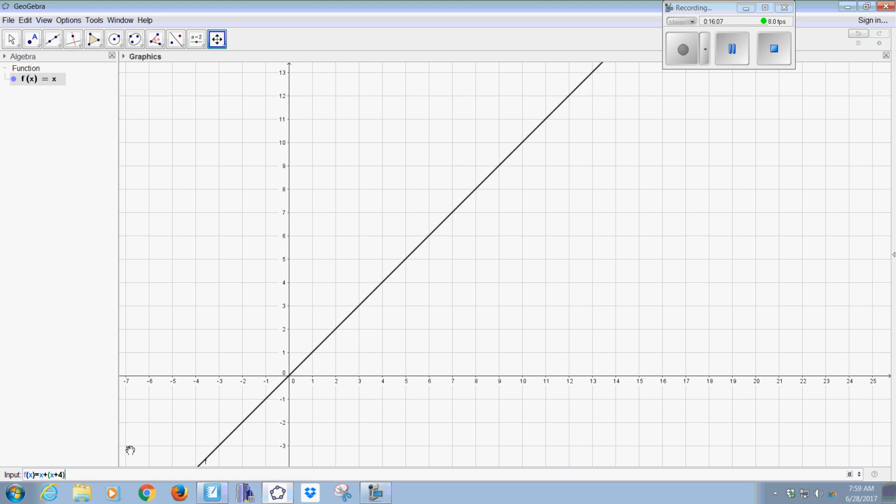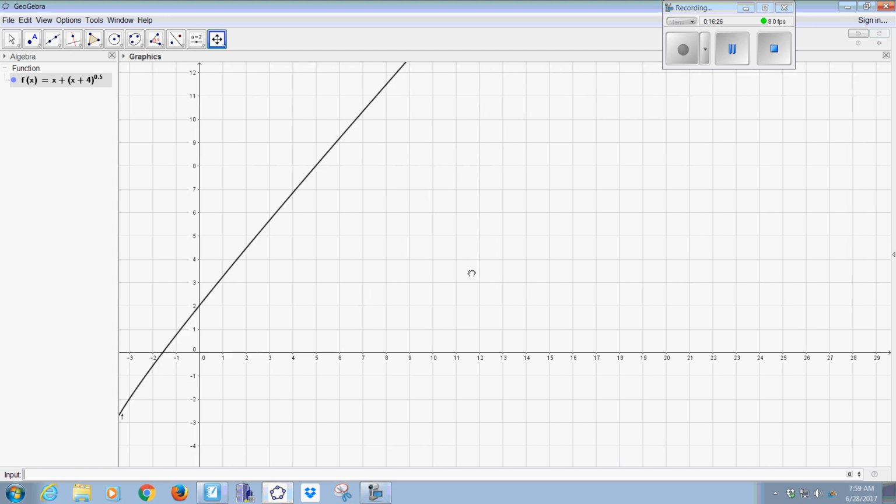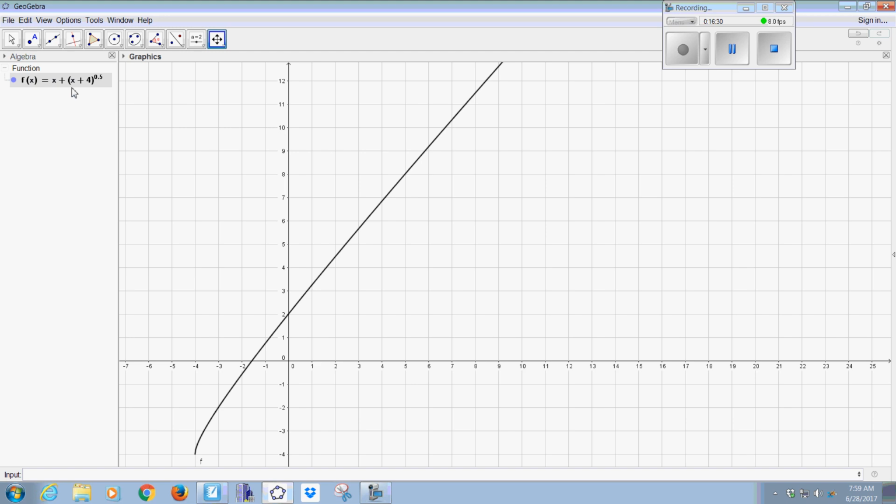So the square root can be written as the 1/2 power. That's how I'm writing it on GeoGebra, raised to the 1/2 power. 0.5 is 1/2. Okay, so there's the graph of x plus 4 to the 1/2 power.